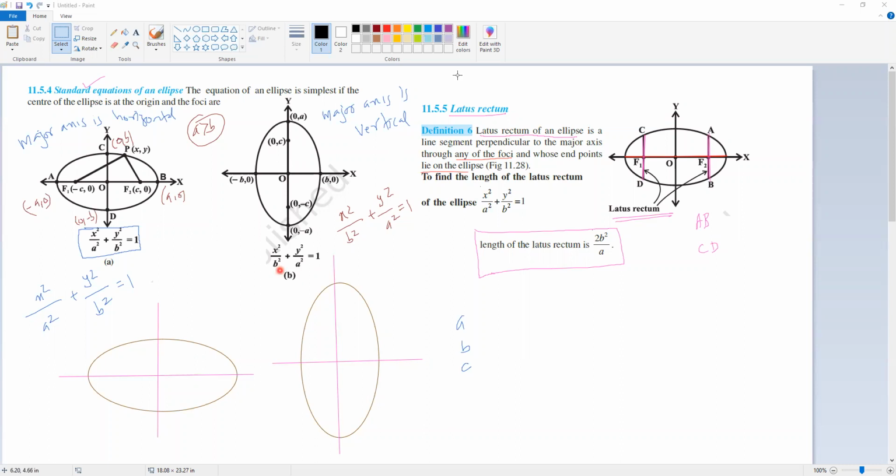Now my question is like this. I will write one equation: x square by 25 plus y square by 36 is equal to 1.